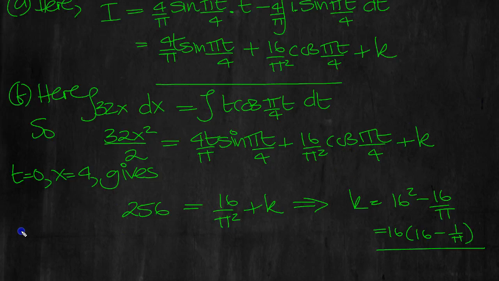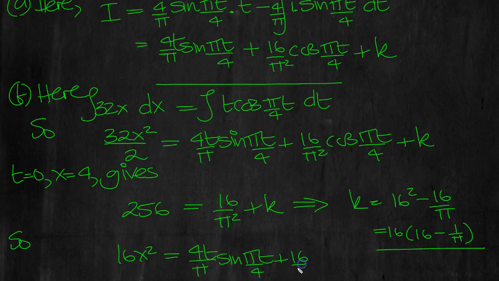So 16x squared is equal to 4t over pi sine pi t over 4 plus 16 over pi squared cosine pi t over 4 plus k, which I'm going to write as this, plus 16 squared minus 16 over pi.